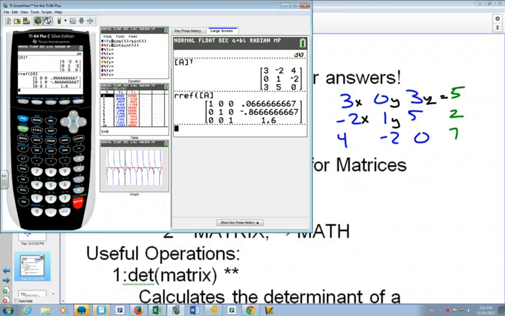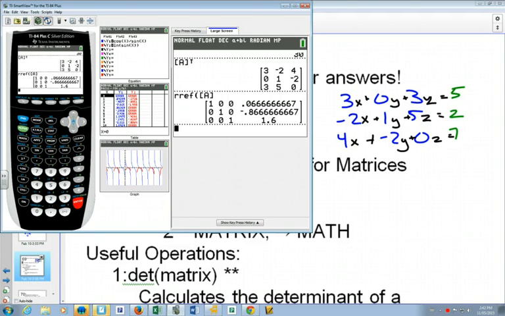And negative 2x plus 1y plus 5z is equal to 2. And 4x plus negative 2y plus 0z is equal to 7. What would x, y, and z be to make that work? Well, x would have to be 0.06. y would have to be negative 0.867, and z would have to be 1.6.